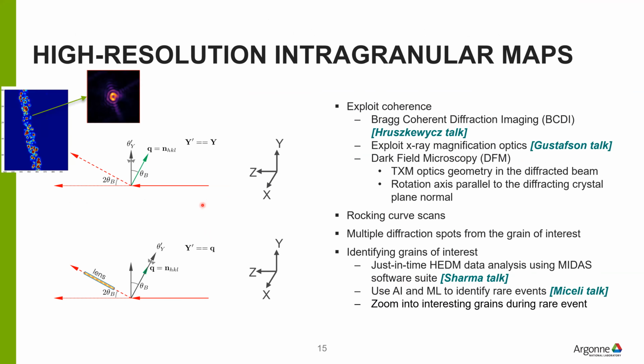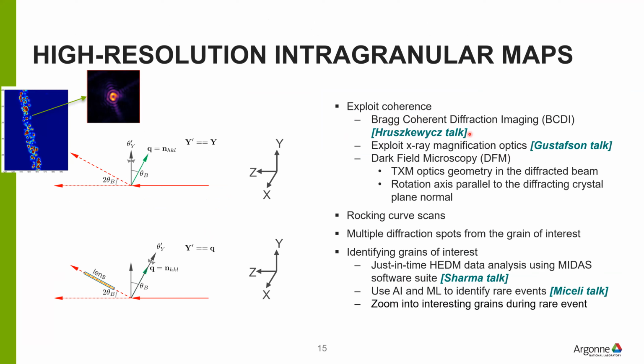Now, all these techniques so far, the HEDM technique and the point focus HEDM technique, have been pushing the resolution limits to about a micron-ish spatial resolution. How can we push that a little further? Well, we can exploit coherence from the newly upgraded APS storage ring and use what is called Bragg coherent diffraction imaging, BCDI.